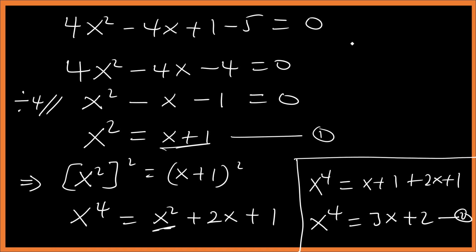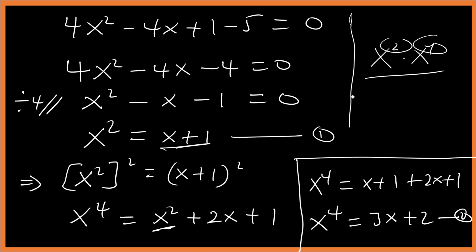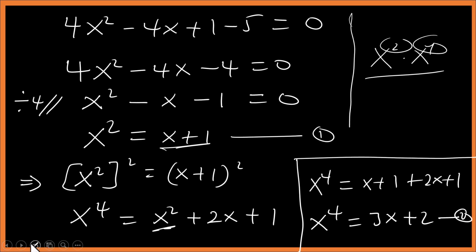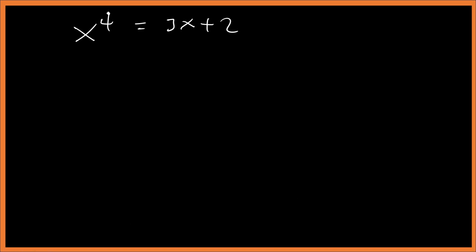Remember, if I combine x squared and x to the power 4, it won't reach our target. That will be 6. So we need to go again and square this. So we have x to the power 4 equals 3x plus 2. Let's square both sides.